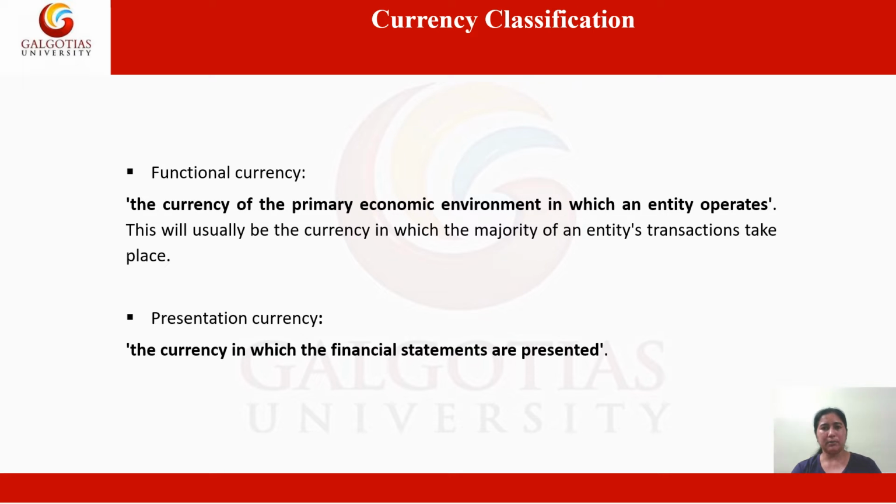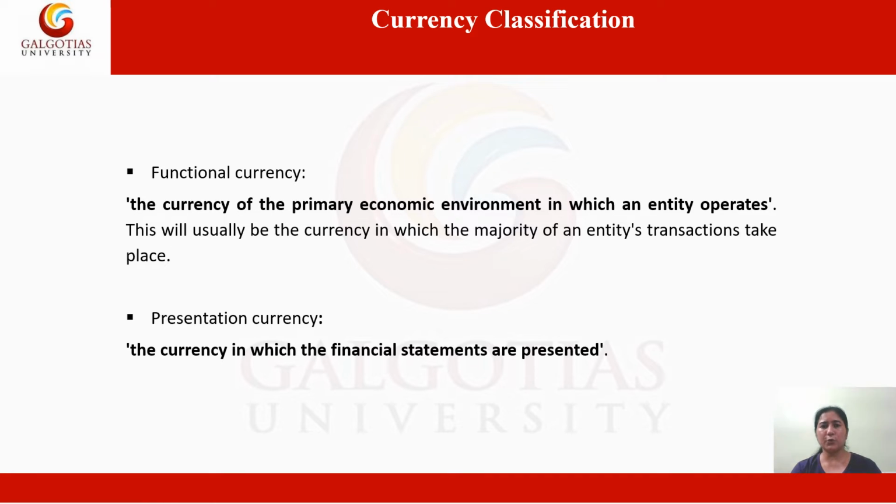IAS 21 comprehensively classifies currencies under two broader heads. These include functional currency and presentation currency. Functional currency is considered as the currency of the primary economic environment in which an entity operates.